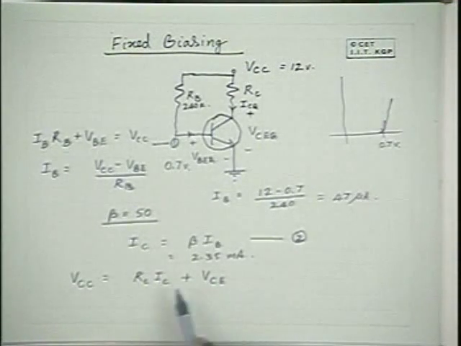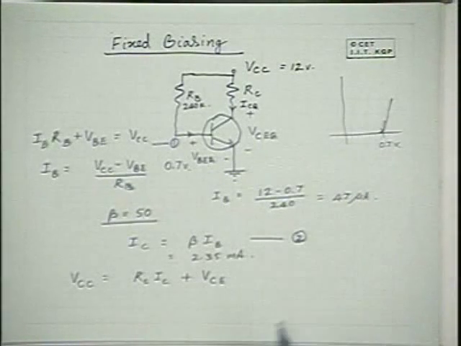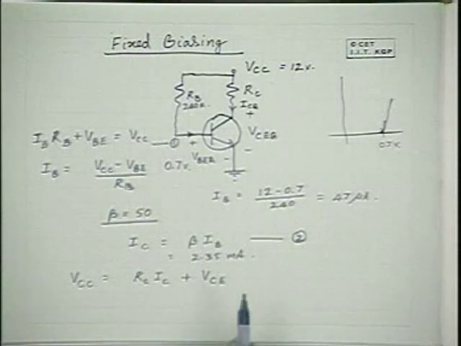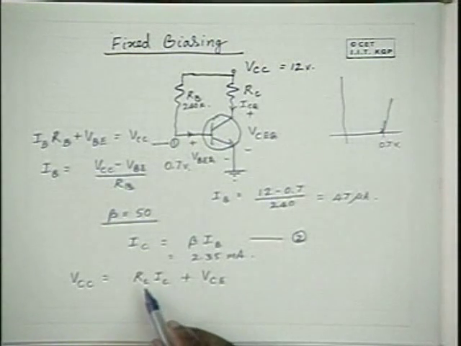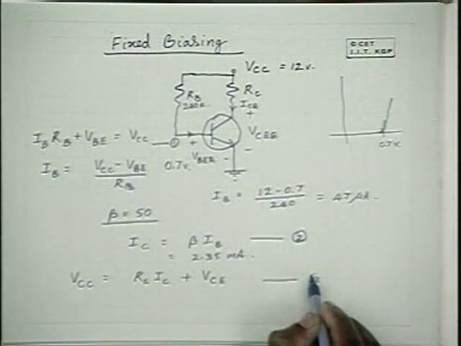So this is the equation which governs the output side mesh. Now IC is known, beta IB is IC, and if you substitute that here and given RC, VCE can be obtained. This is the third equation.